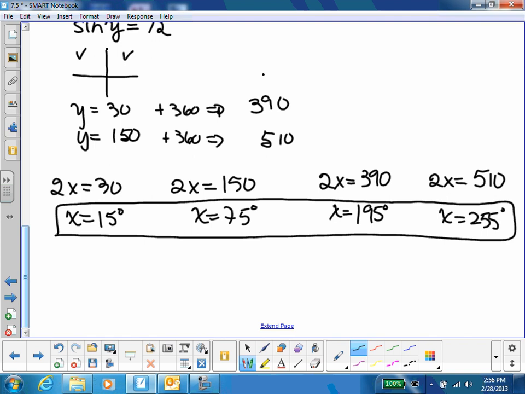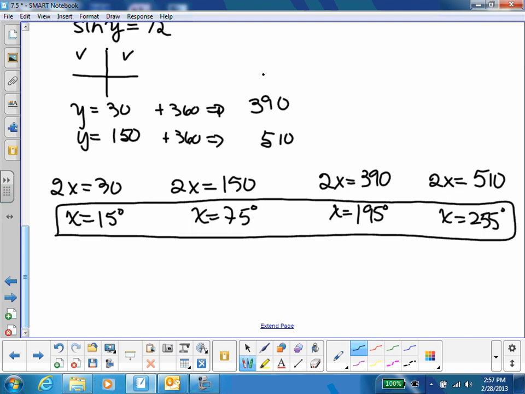Okay? If I did principal values, I'd be stuck only with the 30, wouldn't I? So that would give me 30 and then 390. Oh, when you say negative 30? No, because it's positive. I'd want the quadrant where it was positive. The negative 30 would be in quadrant 4.